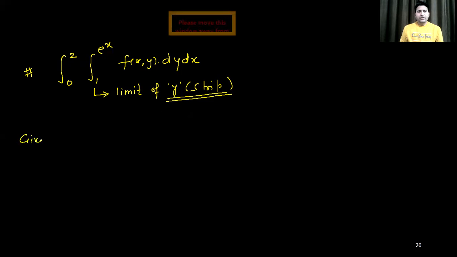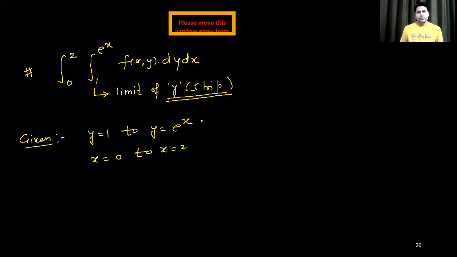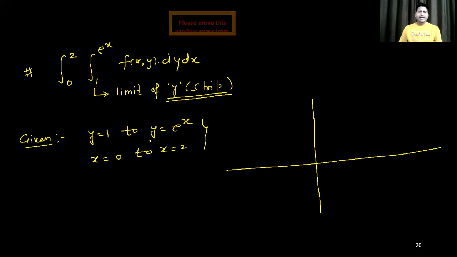So we need to draw the given region also. The given limit is the limit of y: y equal to 1 to y equal to e to the power x, and x equal to 0 to x equal to 2. Let us try to draw this region in order to get the new limit after changing the order. We have y equal to e power x.